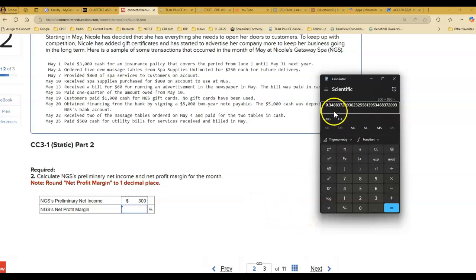So notice what we get here. We get a 0.3488. Notice a couple of things. It says round the net profit margin to 1 decimal place. So keep in mind that you're not going to key that in as a 0.3 because look, you've got a percentage sign right here. So move that decimal place 2 places. That gives us 34.88, which would be keyed in to 1 decimal place as 34.9.